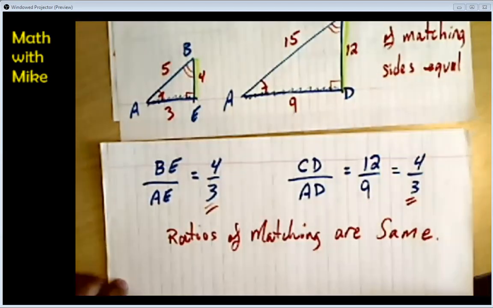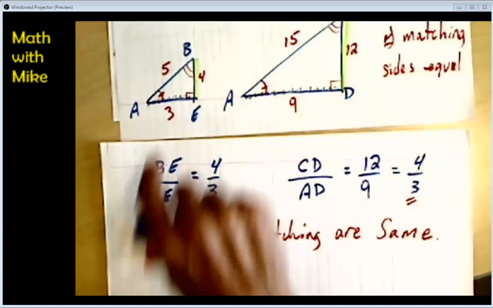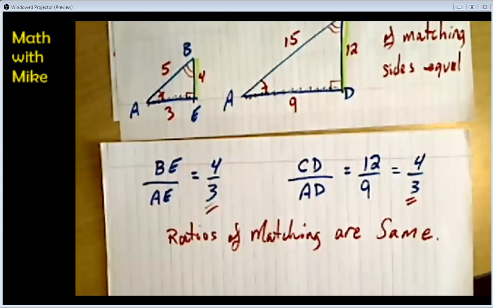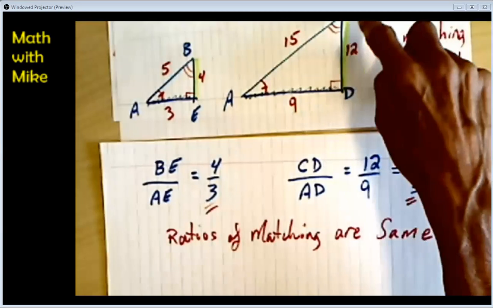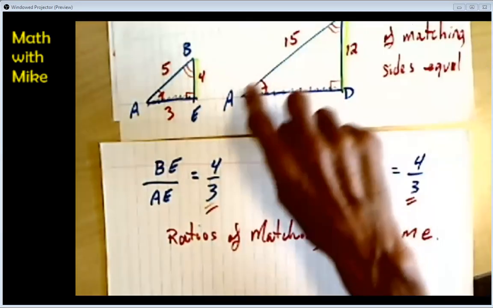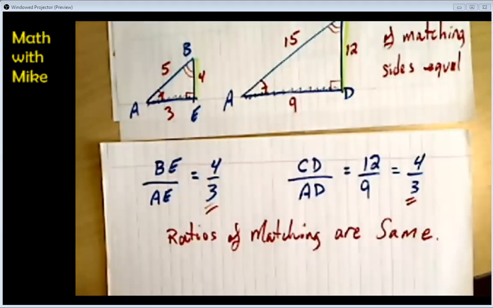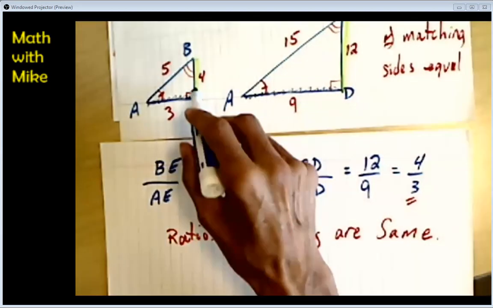Okay, this works with the other sides as well. So let's just use the green ones and then the long side to show that same fact.